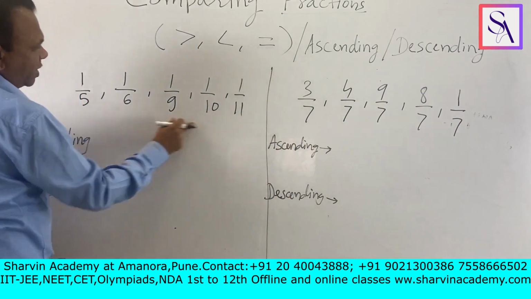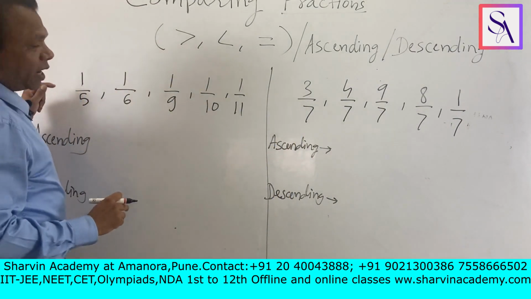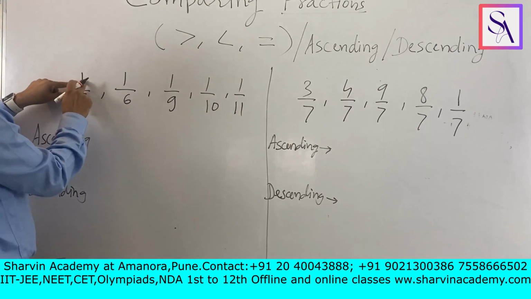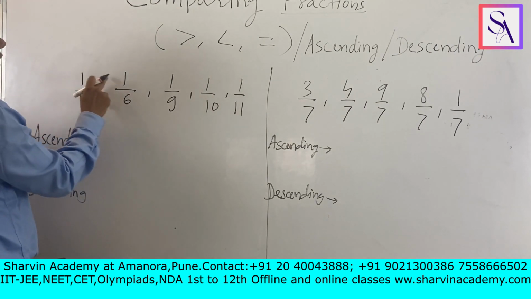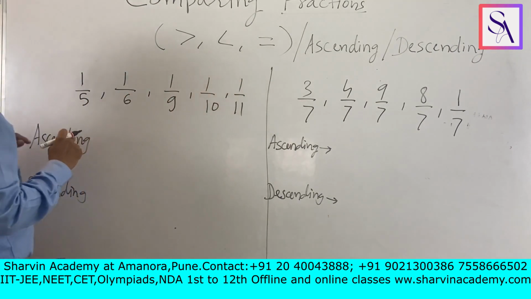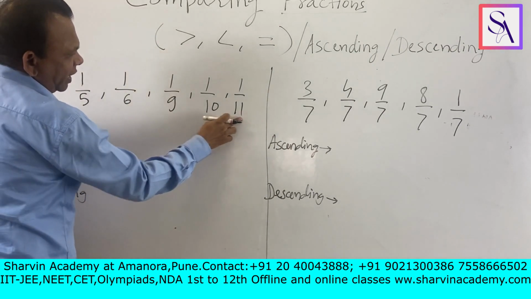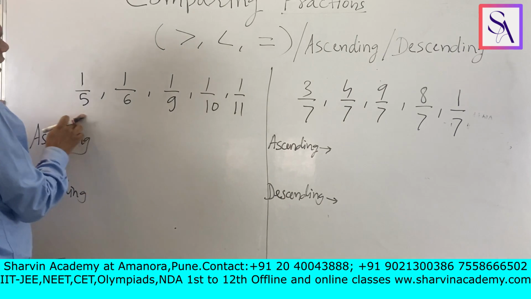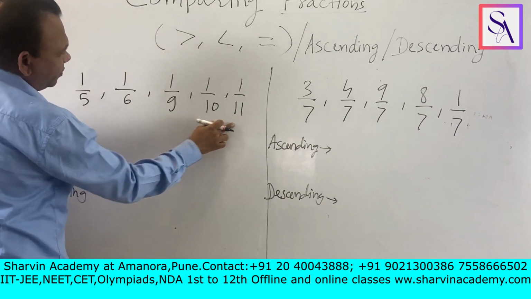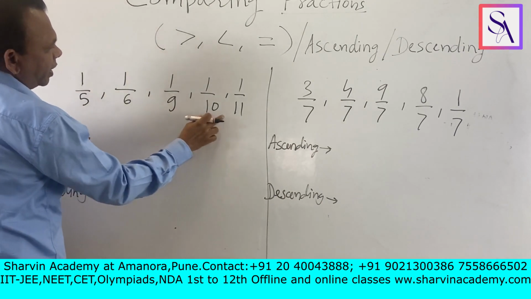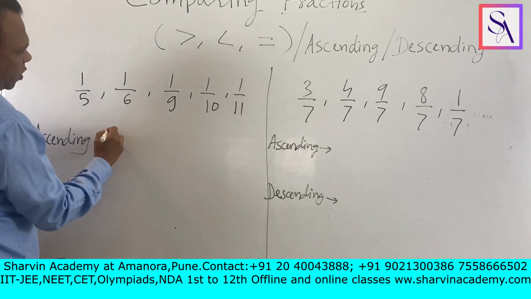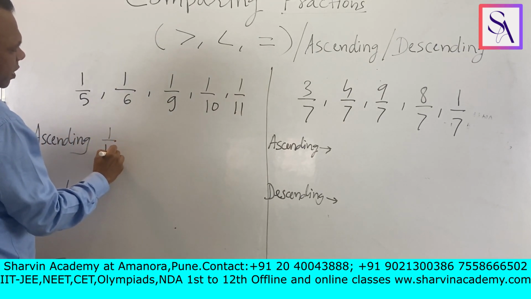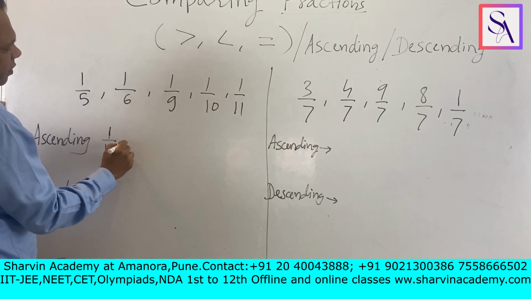Can you tell which one is smaller? I told you that in a unit fraction, meaning one whose numerator is 1, if the denominator is greater, that fraction is smaller. Which one has the greater denominator? 5, 6, 9, 10, 11. 11 is greater, so this is the smallest one. So, the smallest first, 1 by 11.